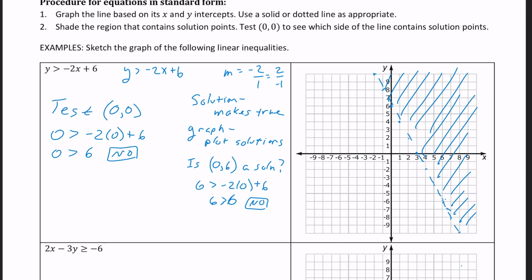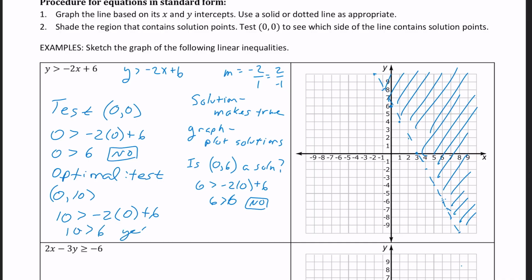If I wanted to, just optional, I could pick any point that's in the shaded region. So I think I'll pick x value 0, y value 10. So if I test 0, 10, then 10 is the y value, 0 is the x value, and so is 10 greater than 6?